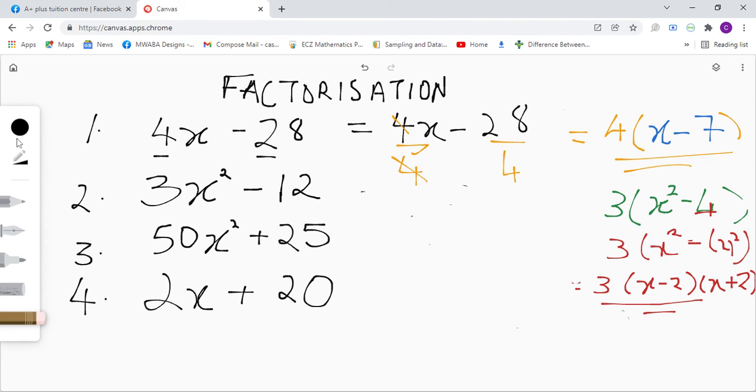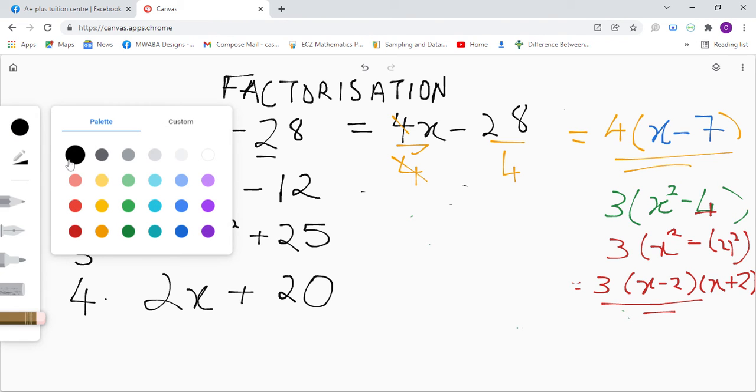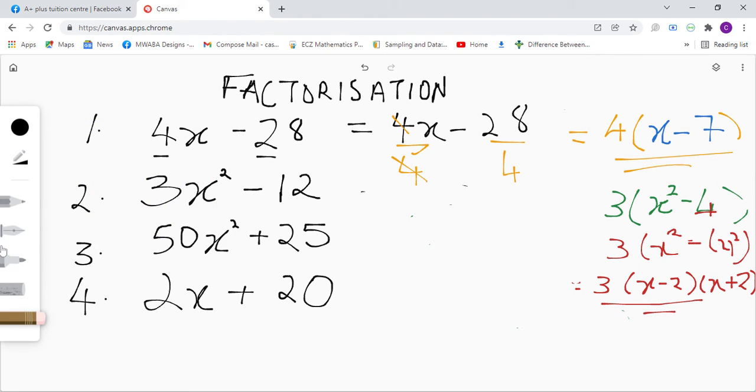Question 3 says 5x squared plus 25. So we have to factorize. What is our highest common factor? We have 5 here, we've also got 25, so our highest common factor is 5.